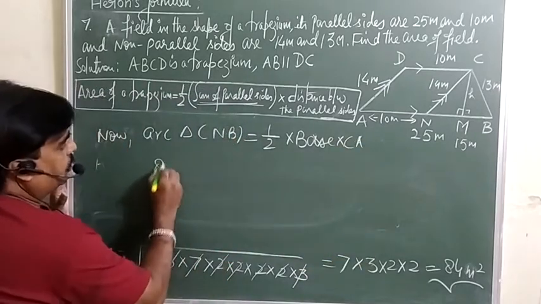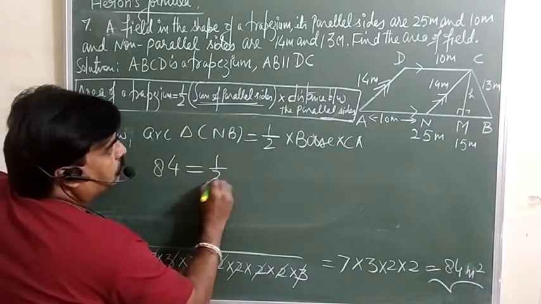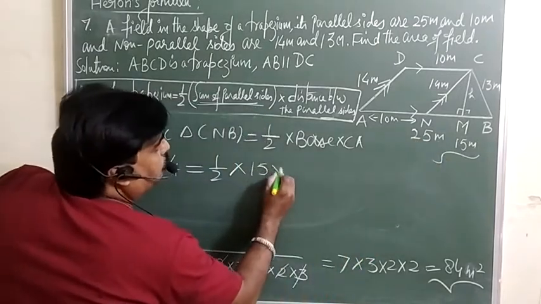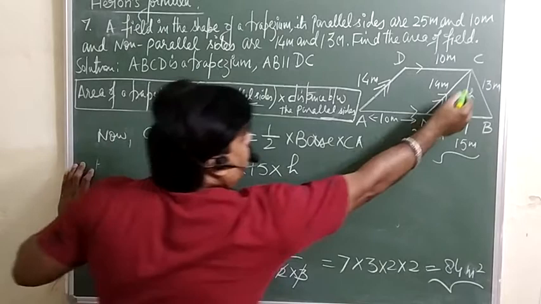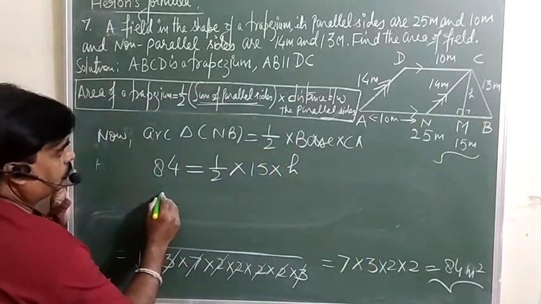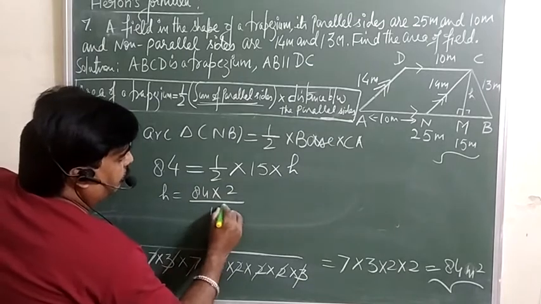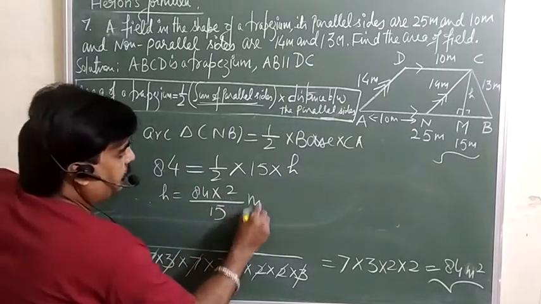Area we already know, that is 84. 1/2 base, this is your base 15 into h, CA. This is your corresponding altitude. So here h is equal to 84 into 2 over 15. This is your height.